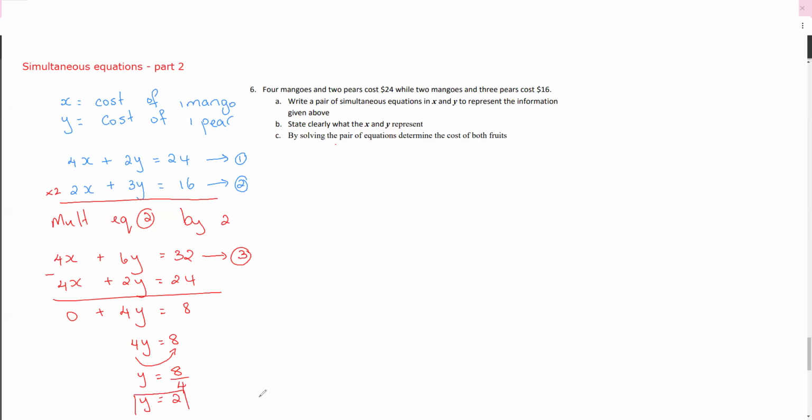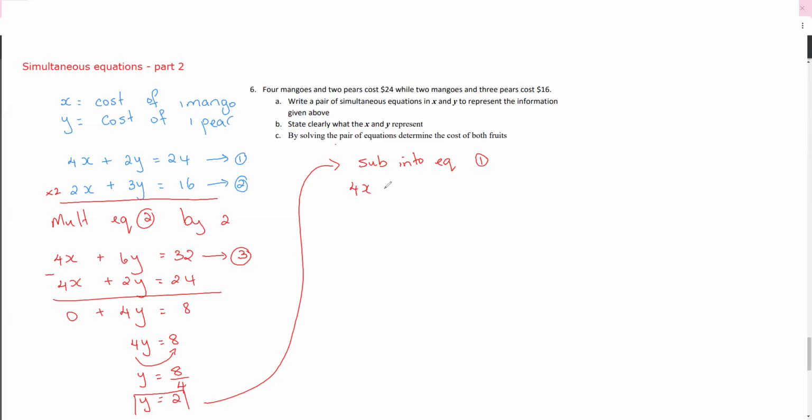Now that you found the value of y, you're going to substitute it into one of the original equations. Right, so you either substitute it into equation 1 or 2, not the new ones generated.